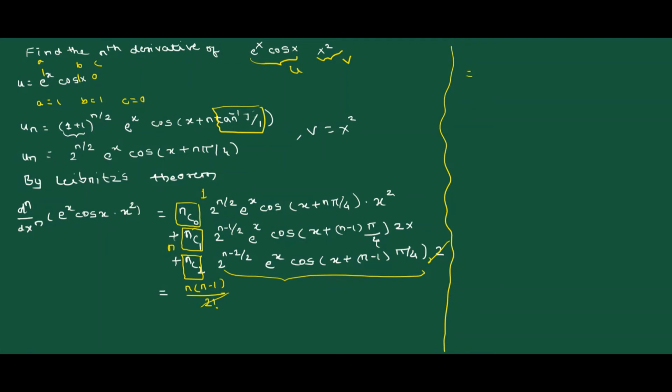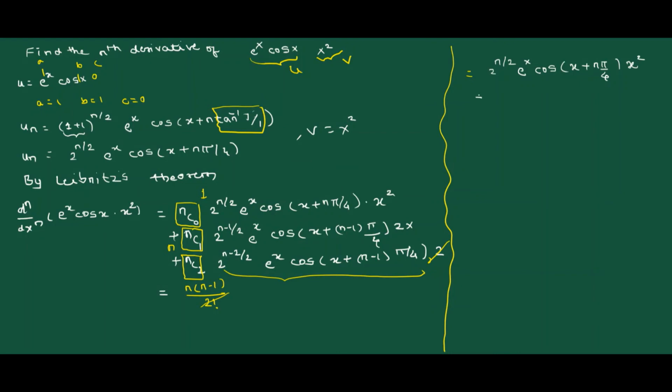This is equal to, so n C naught value is 1. I will leave that; the remaining terms are 2 raised to n by 2 e raised to x cos x plus n pi by 4, bracket complete, x square. This is the first term.